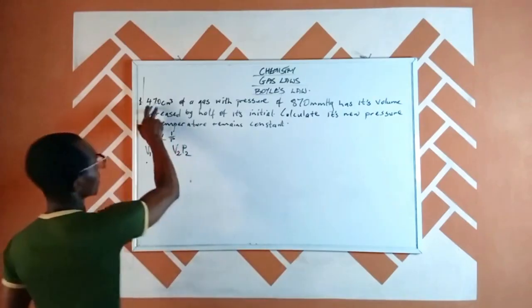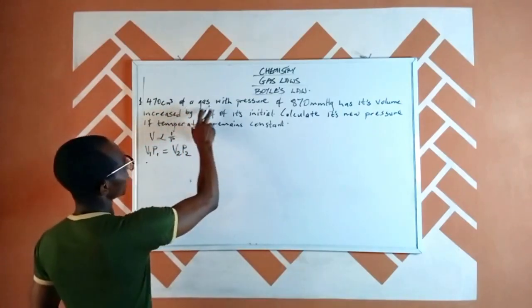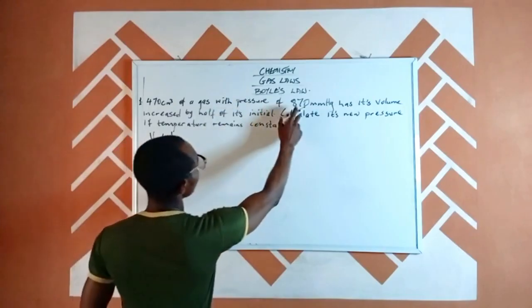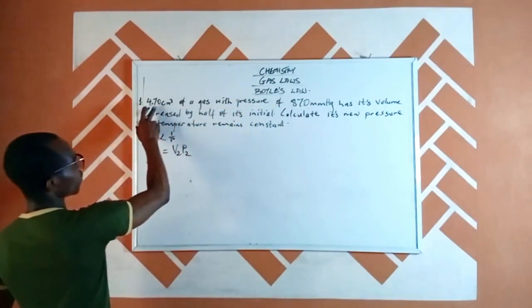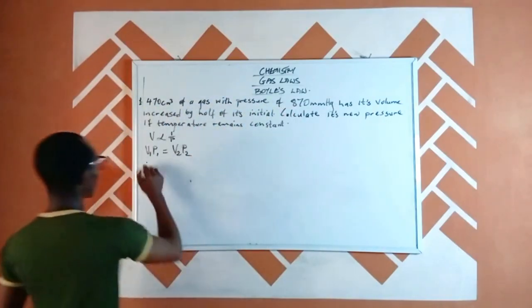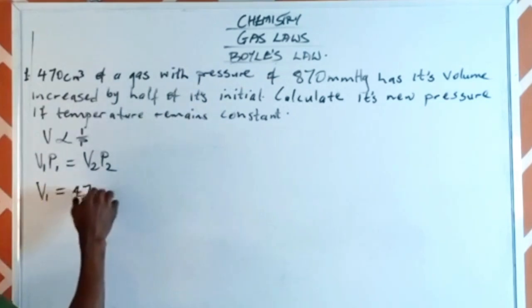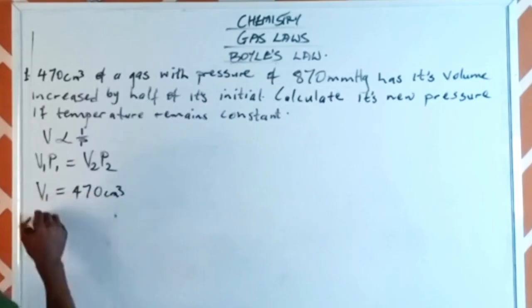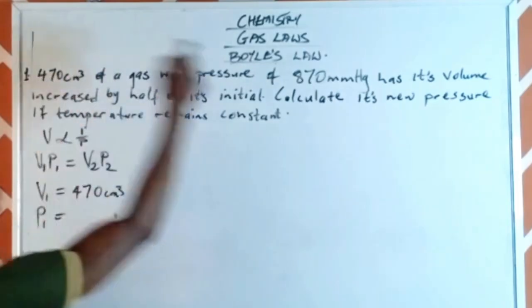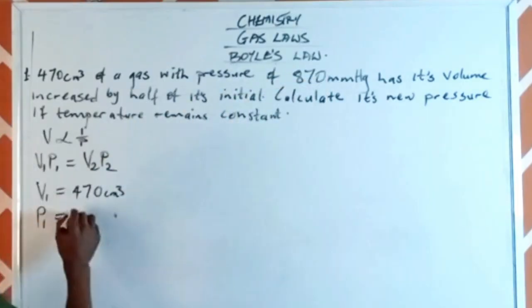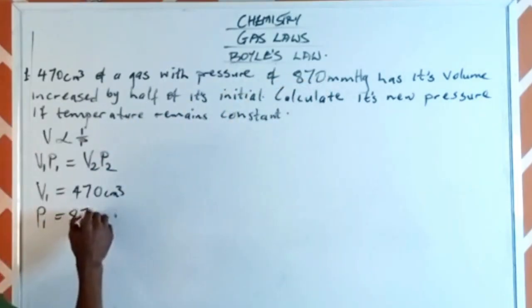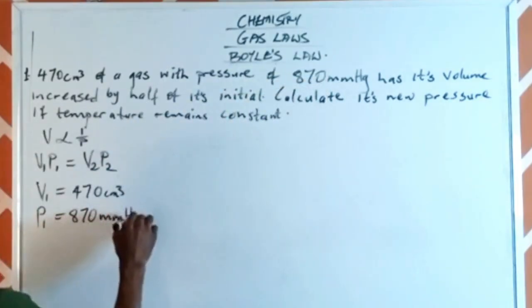The question says 470 centimeter cube of a gas with pressure of this. So we could assume that this is our V1 and this is our P1. So V1 equals 470 cm cube and our P1 equals, because at this volume the pressure is this, 870 millimeter mercury.